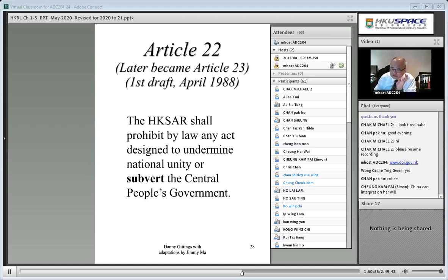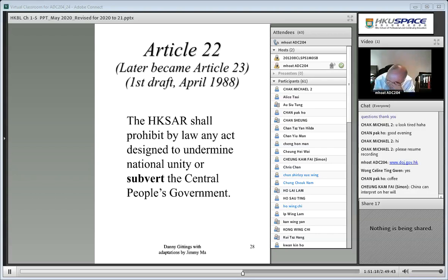Let's look at this historical change. Article 22 later on became Article 23. In the first draft, it says the Hong Kong SAR shall prohibit by law any act designed to undermine national security and unity or subvert the Central People's Government.